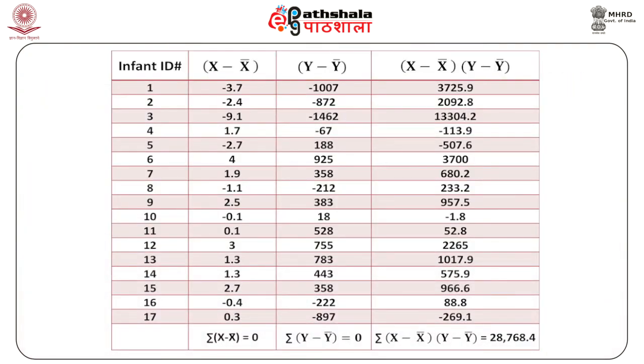The computations have been shown in this table. Notice that we simply copied the deviations from the mean gestational age and birth weight from the already shown tables into this table and multiplied them.